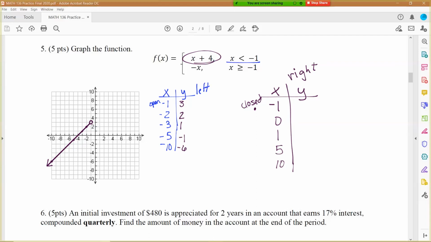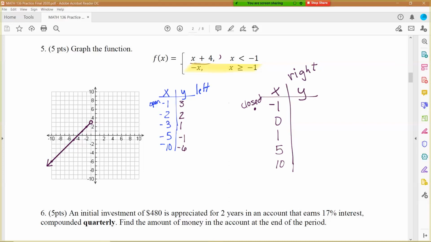So then I'm going to take these 5 numbers that I picked, all because they're all greater than or equal to -1, which is that second constraint for our piecewise graph. So we're down here now. So we're going to just plug into -x, which just means I'm going to change the signs of all of them.